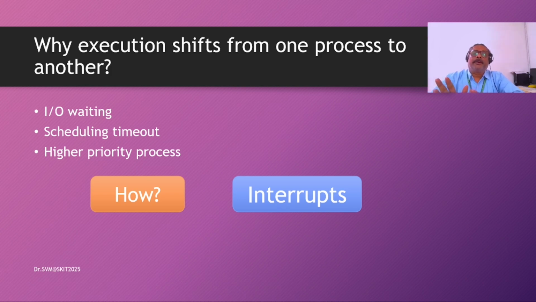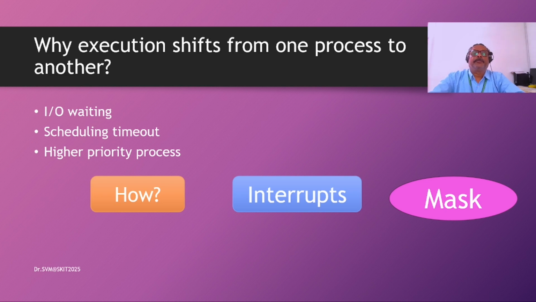Interrupts are meant for some purposes, but in this case, when we are working on shared resources, the same interrupt is creating a nuisance for us. To ensure that such a nuisance is not created, at the hardware level we do have a process called masking.